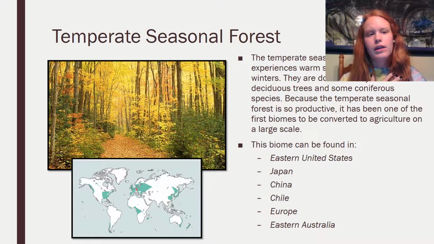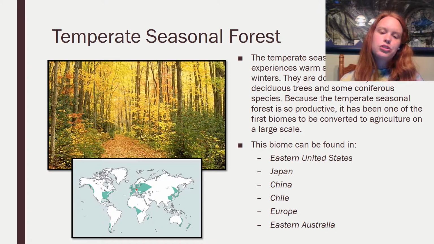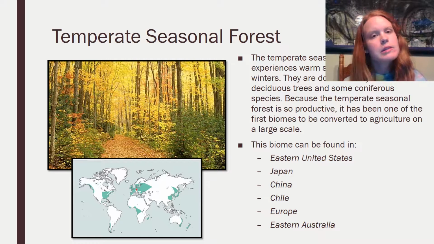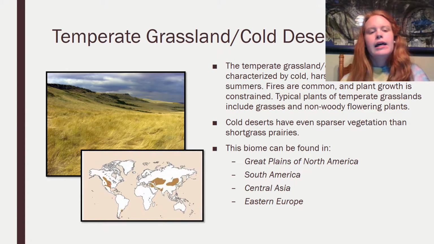But we're not the only area in the world that has temperate deciduous trees. Japan, China, Chile, a lot of Europe, and Eastern Australia have it. And so it's a very diverse area, kind of spread around, but it's an awesome biome in my personal opinion. But it's where I live, so yeah.